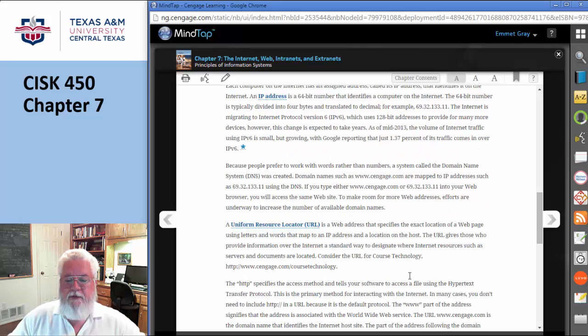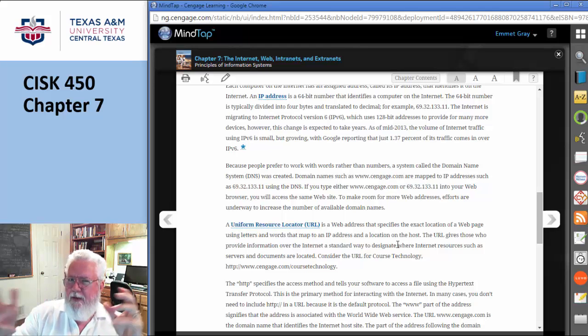The next thing to talk about is a Uniform Resource Locator, a URL. That is the more technical term for a web address. A lot of people say a Uniform Resource Locator, URL, meaning a web page.